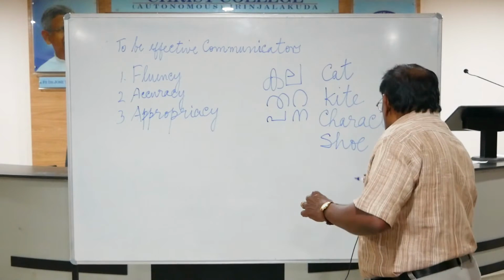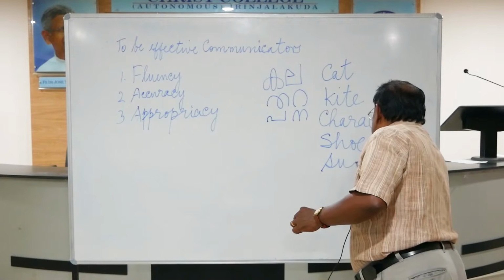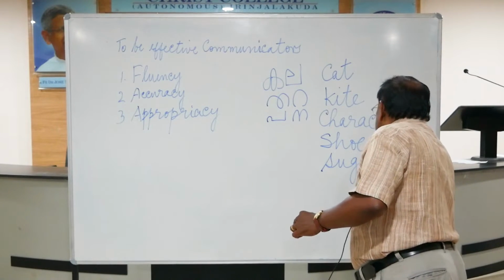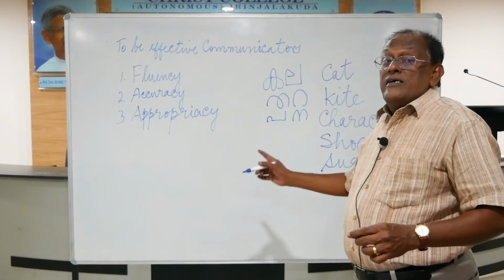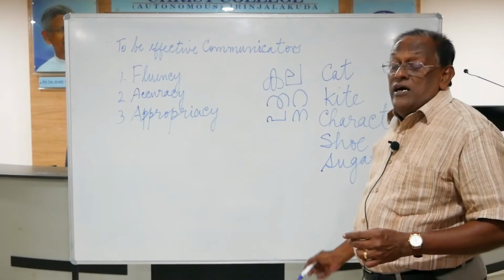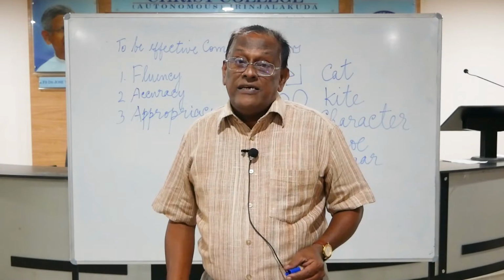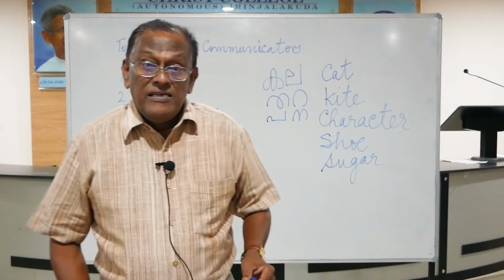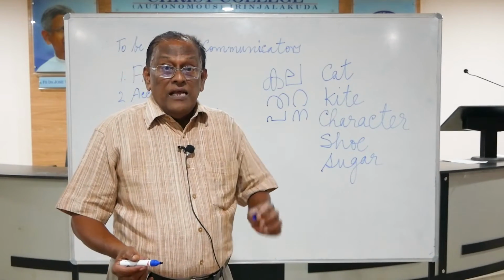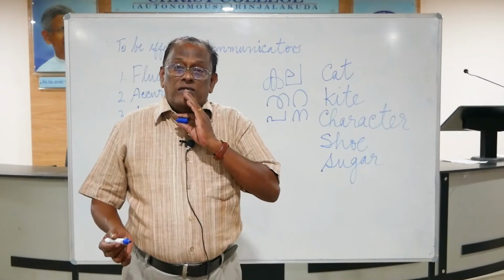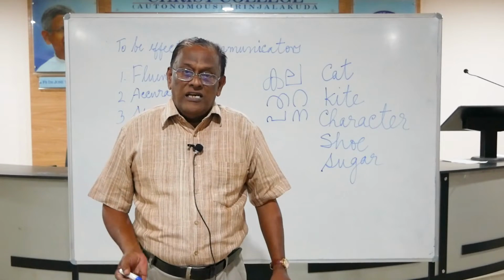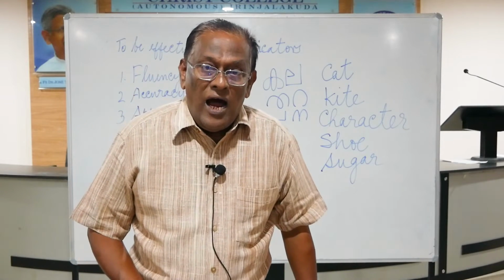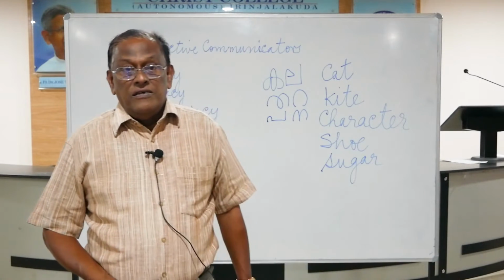But when she wrote S-U-G-A-R, my surprise increased because the sh sound in sugar is represented by the letter S. So, the letter and the sound are different in English, and that is why English is called an unphonetic language.